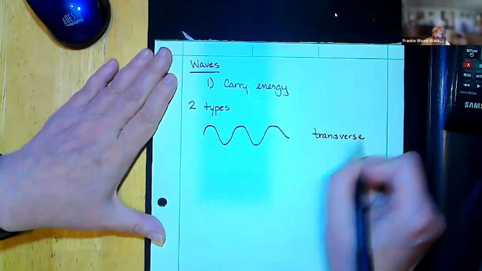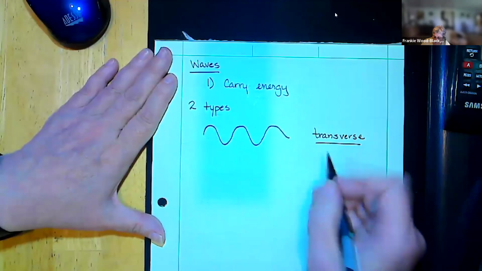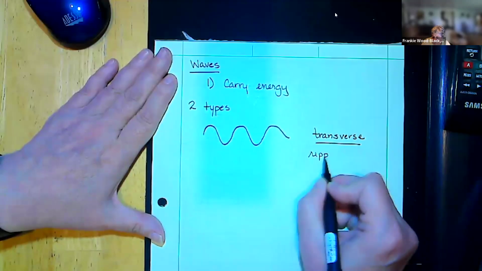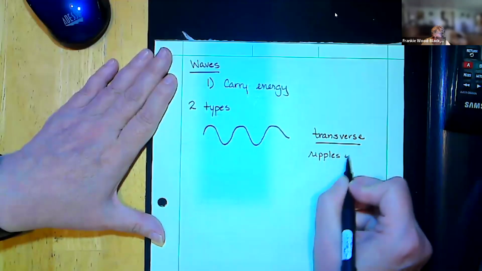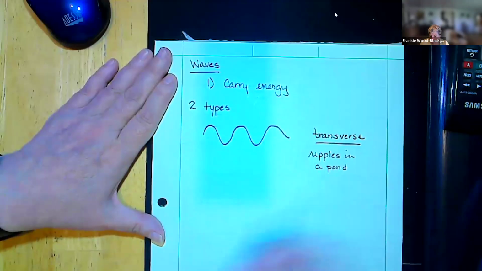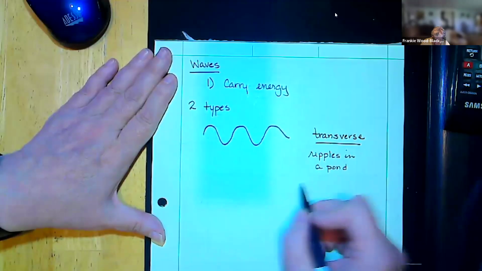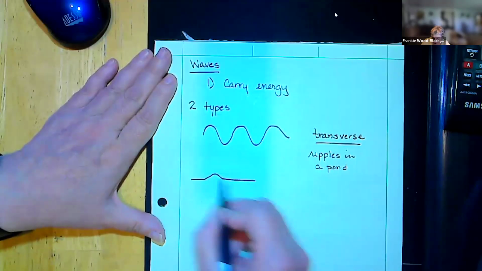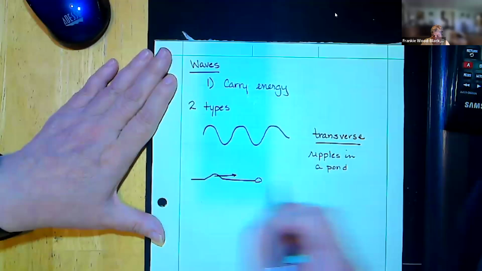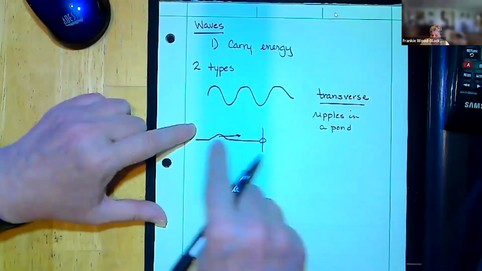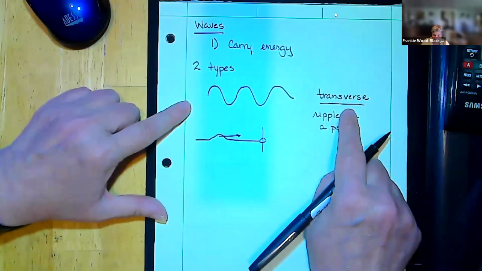The easy way to think of a transverse wave is to think of ripples in a pond. Vibrations on a string. A pulse down a string. I can send this string with a pulse and you'll see it move through. And that's a transverse wave.